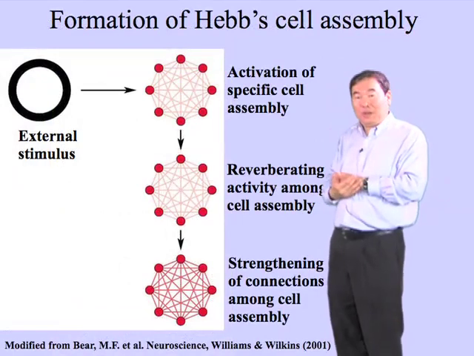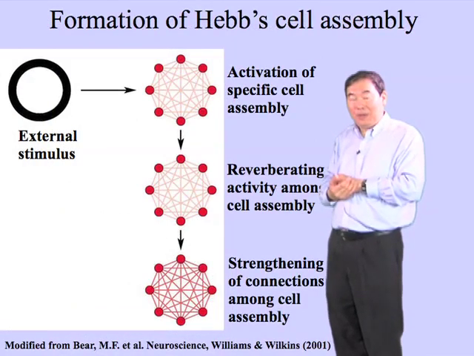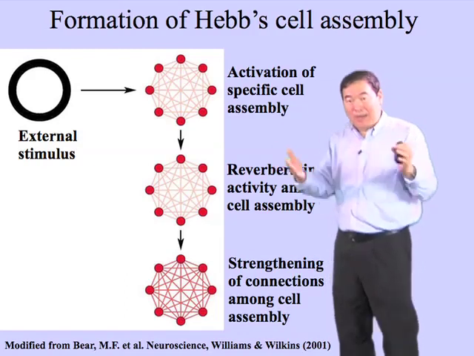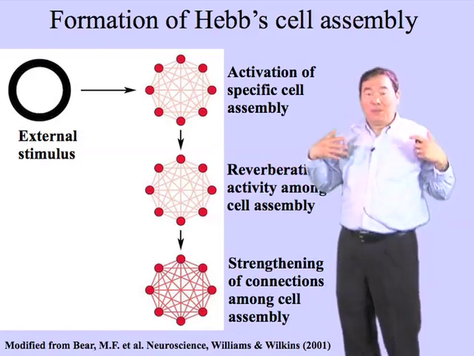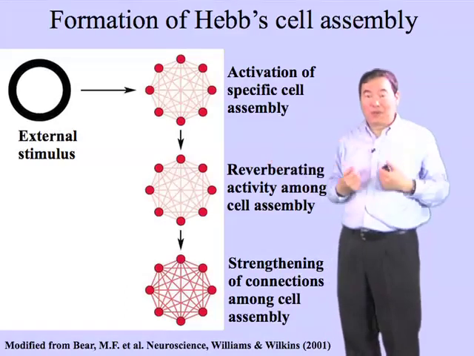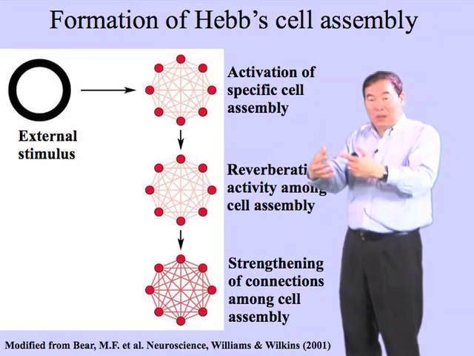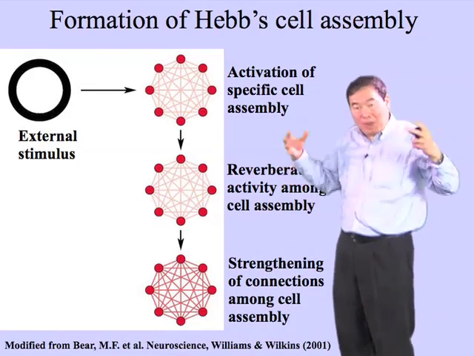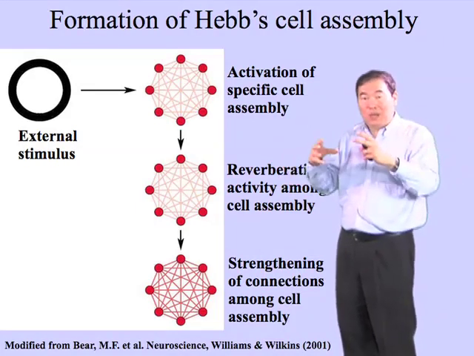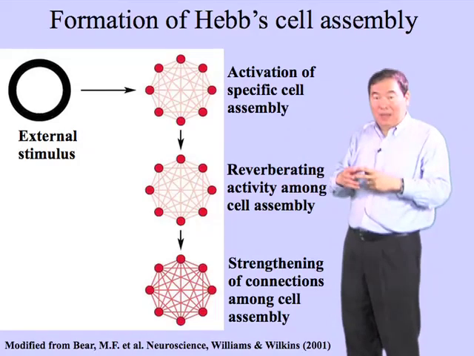So let's return to the idea of Hebb's cell assembly that we talked about in the first part. Remember that Hebb says, how do we perceive perceptual memory? The perceptual experience is responsible for the formation of a cell assembly.